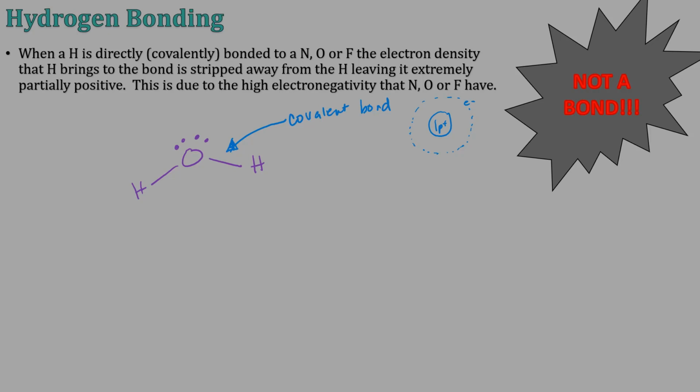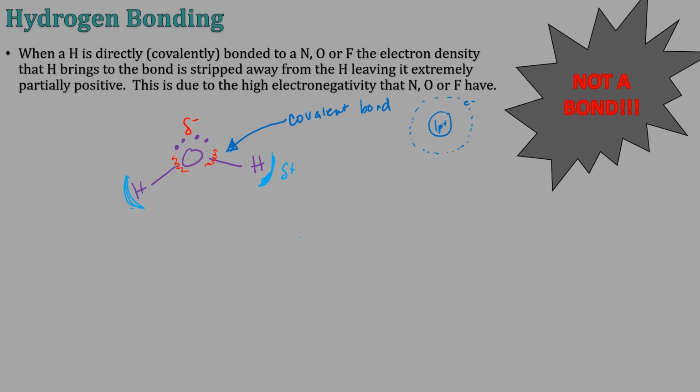And oxygen is so very electronegative that it takes the electron density that's in this bond, steals it away, so that it's hanging out more up here, close to oxygen, away from hydrogen. And what that basically does is it leaves that hydrogen very, very positive. So it's kind of like a bald proton sitting out here. It hasn't taken it completely away, so it's not a full positive charge, but it's taken it away enough to where there's a lot of positive charge out there.